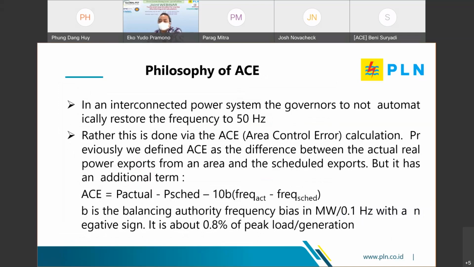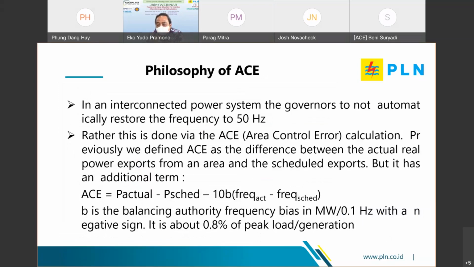This is the philosophy of the ACE. In an interconnected power system, the governor does not automatically restore the frequency to 50 Hz. Rather, this is done via area control error calculation.